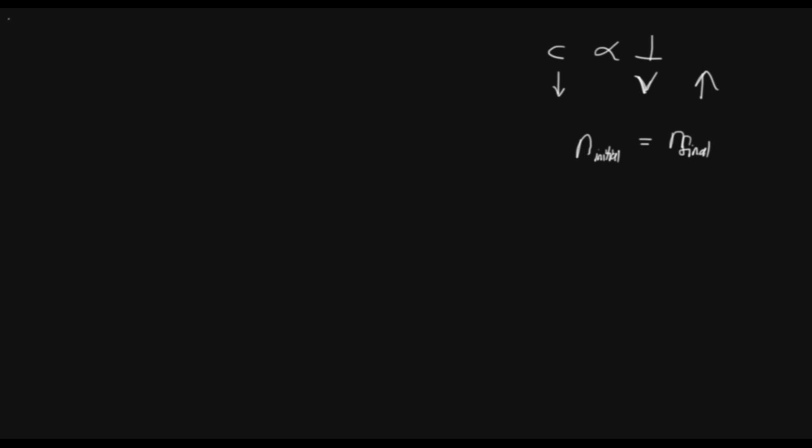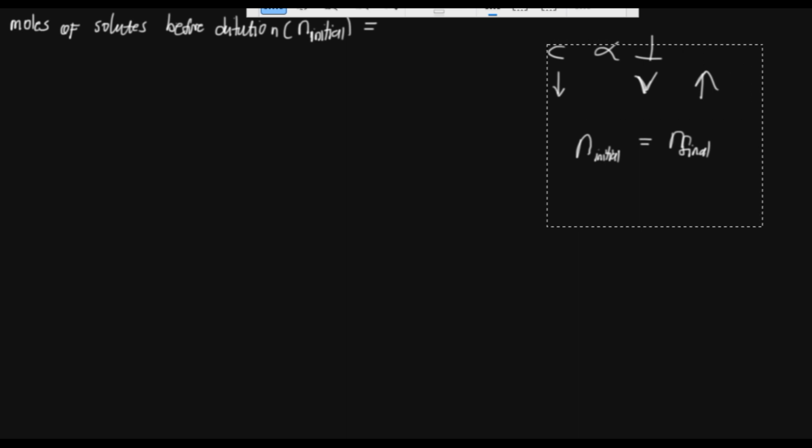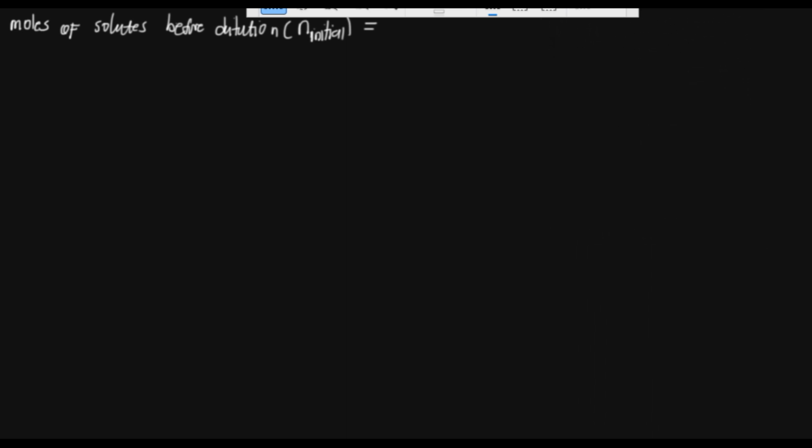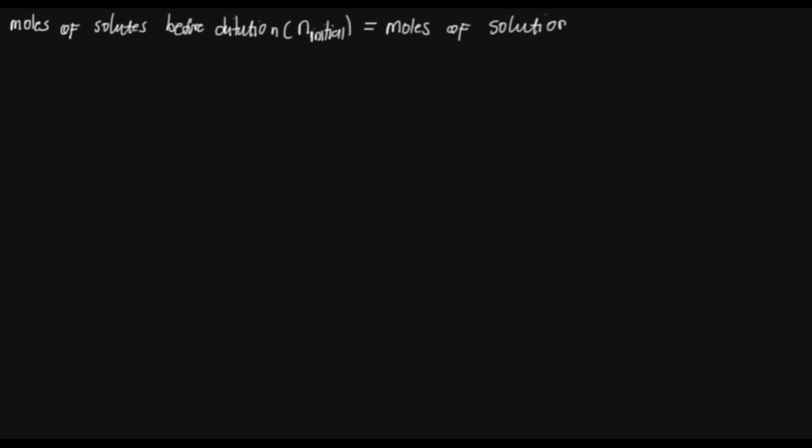So what we are saying now is moles of solutes before dilution, and we'll just call it N initial, where the N represents the number of moles, is equal to moles of solutes after dilution.